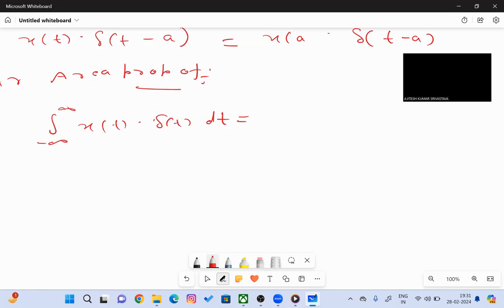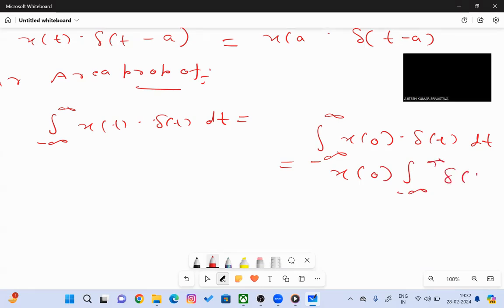Since delta t is present at t equal to 0, it can easily be written as x of 0 times delta t, integrated with respect to t. So this is x of 0 times the integral from minus infinity to infinity of delta t dt, which is x of 0.